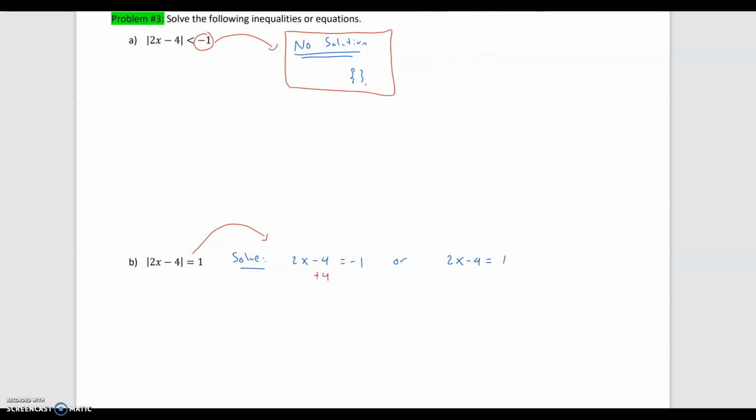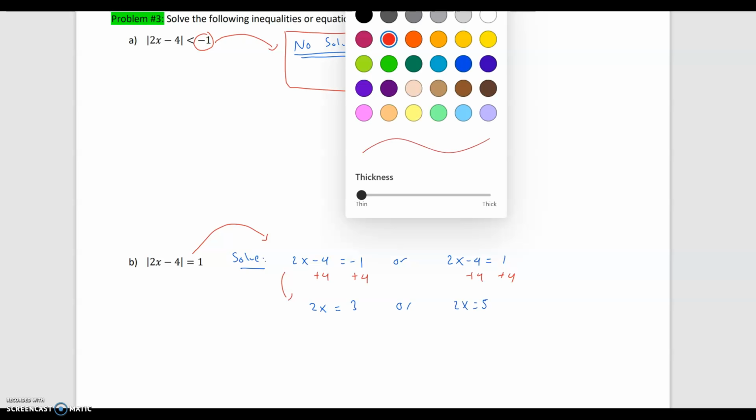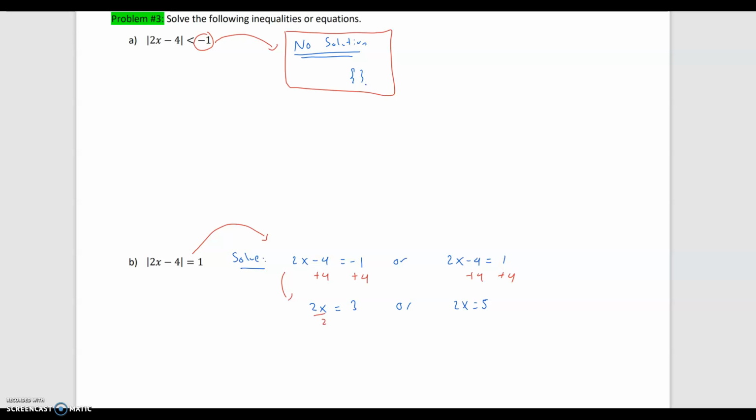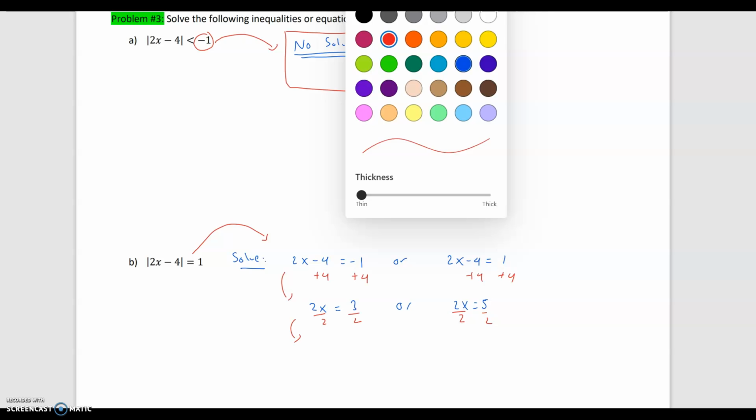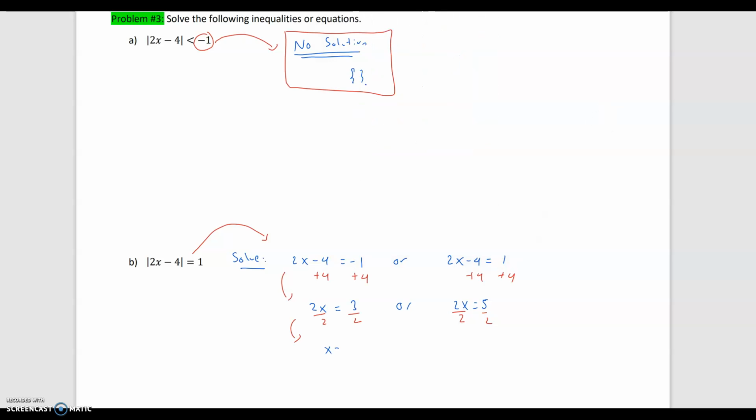So we would add the 4 and the 4. So this is going to give us 2x is equal to 3, or 2x is equal to 5. And then at this point, we divide by 2, divide by 2. So we end up with x is equal to 3 halves, or x is equal to 5 halves.